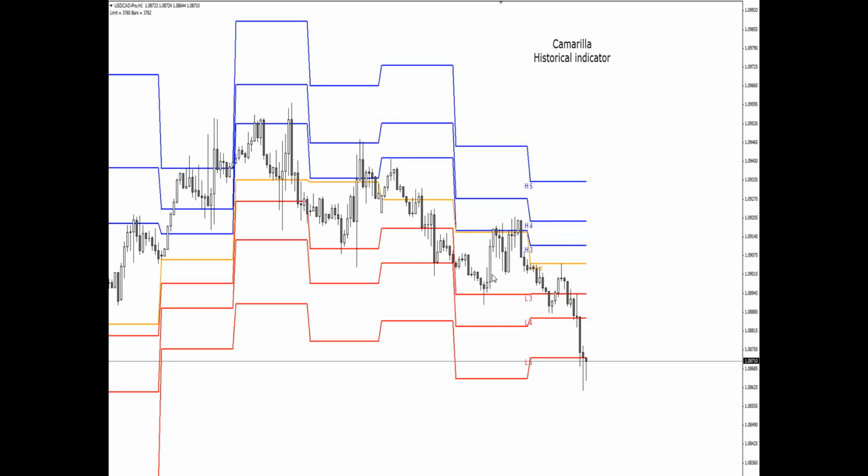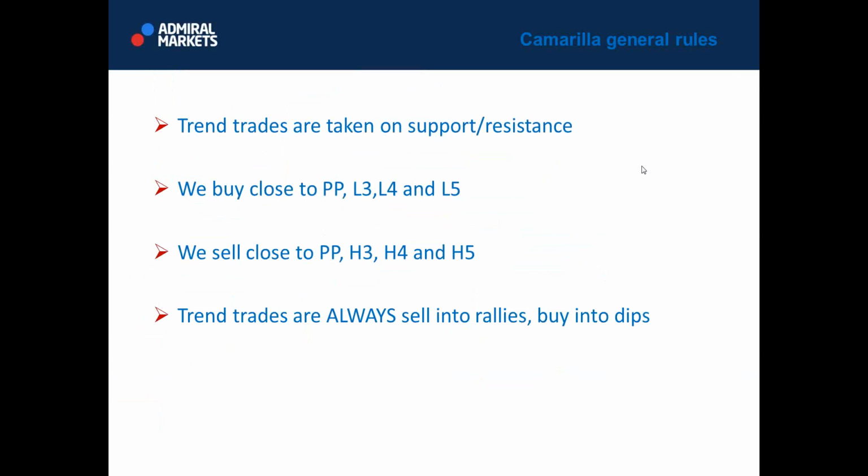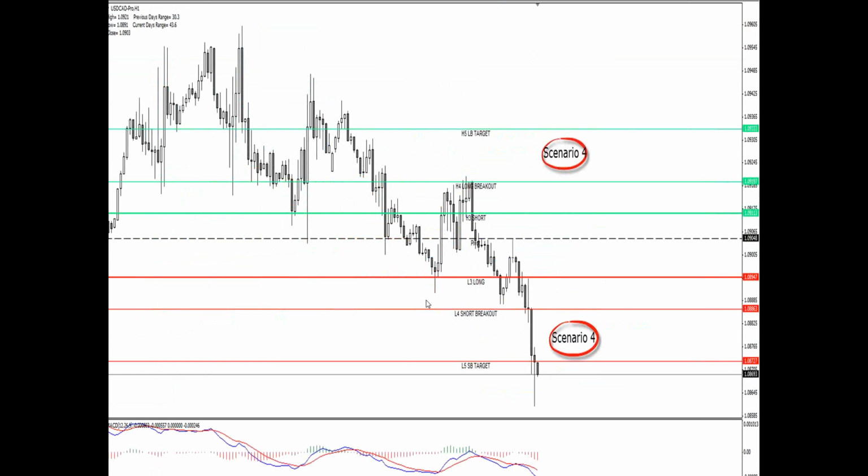This was yesterday's level, this was the day before yesterday, this was 3 days ago, 4, 5, 6 days ago. So this Camarilla historical indicator plots all Camarilla levels through history. And this is the Camarilla intraday indicator. The power of Camarilla is just great.